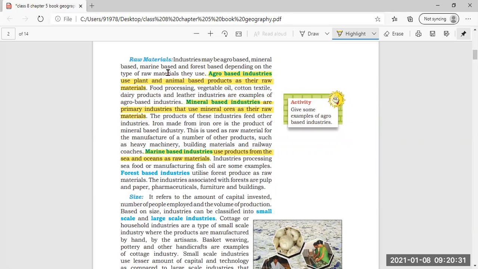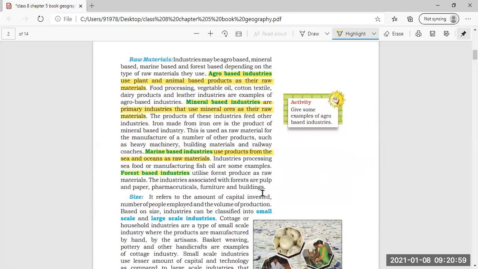Then next, the raw material used for that particular industry is forest based. That is, whatever material the industry needs as a raw material to produce any particular good, it is using forest based products.